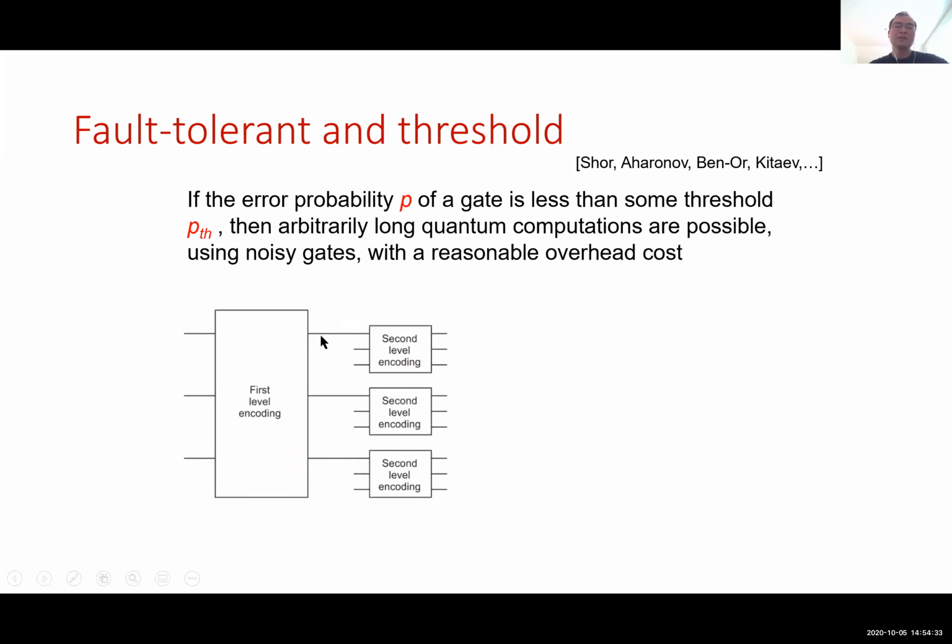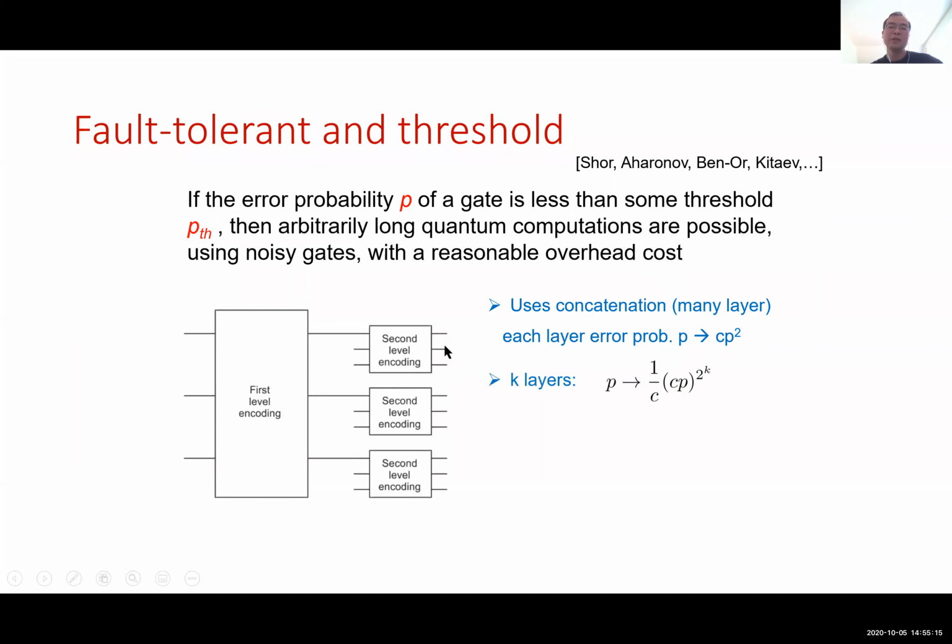The idea is that you do a second level of encoding. Each physical qubit is also an encoding, a 9-qubit encoding. That's a second layer. You could do a third layer, etc. And you consider the probability of error. For example, initially at the bare physical level, 1 qubit has an error P. If you do 1 level of encoding, we know that the error is reduced to second order, with some constant that needs to be calculated.